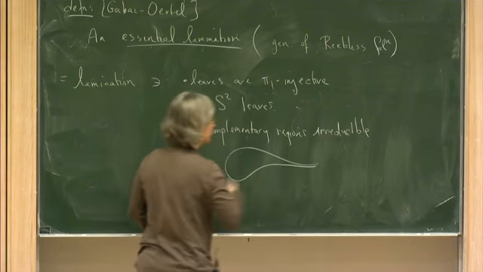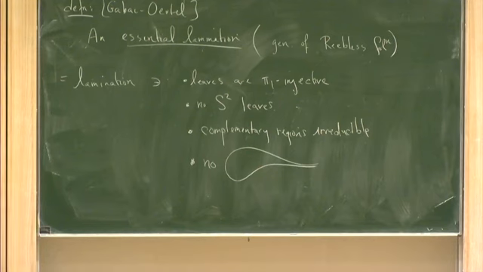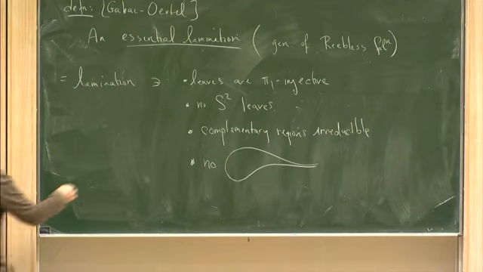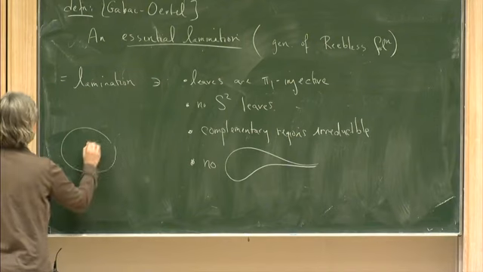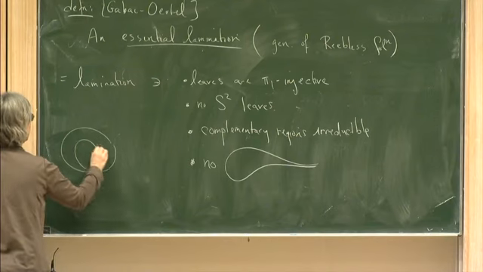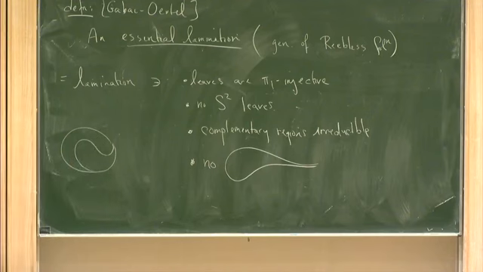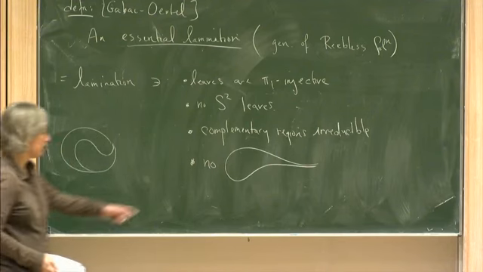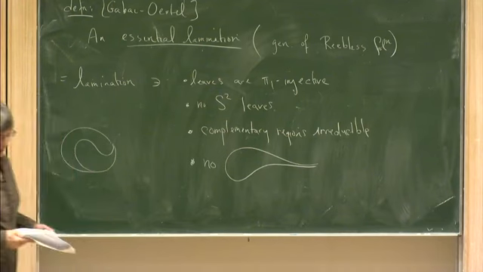So I have to be careful about what I mean by that. But basically if you're not filling up your whole manifold, there are weird ways in which you can hide compressing disks. But there are not very many weird ways. So as long as you rule out this, you win.